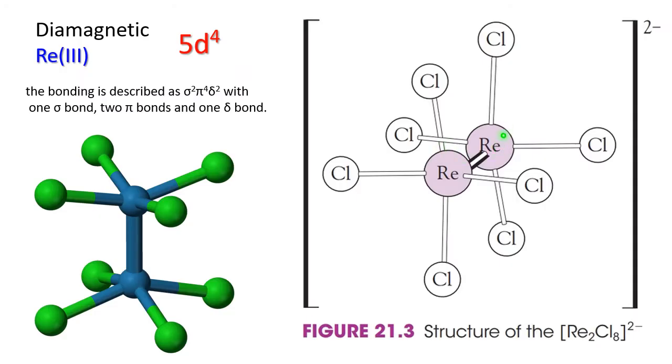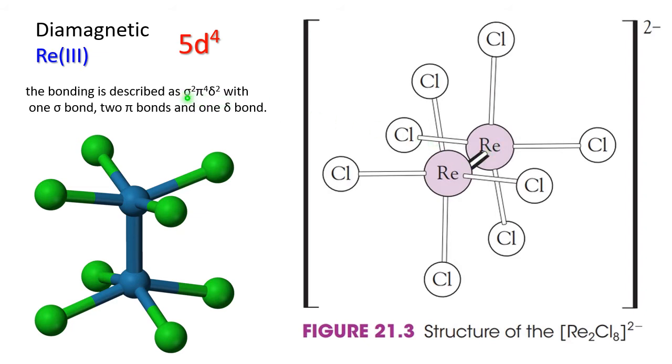Historically, the first compound in which it was detected was the rhenium complex Re2Cl8 2-, where a very short distance between 2 rhenium atoms was detected in a crystal structure.